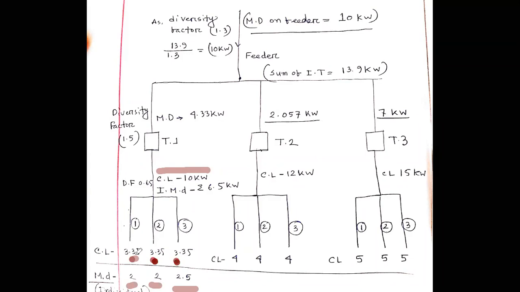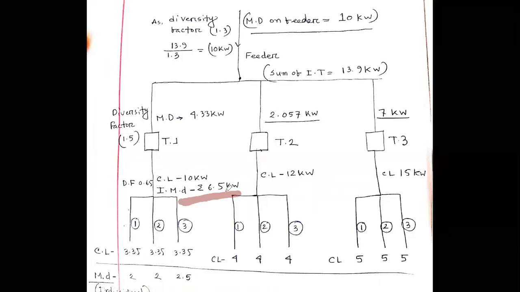So 2 plus 2 plus 2.5 is 6.5. You see that? Please see my diagram, my bad drawing, so you can understand. That is 6.5 IMD, that means individual maximum demand. When we sum, we get 6.5.